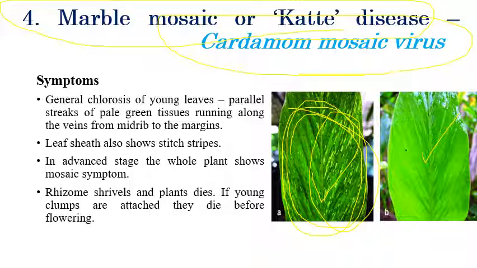In advanced stages of crop development, alternate green and yellow patches appear on the entire leaf. In later stages of crop growth, mosaic patterns can be clearly seen, and the crop will die slowly. Later the whole plant converts into mosaic or yellow symptoms. In later stages, the plant shrivels and the rhizome shrivels and dies.